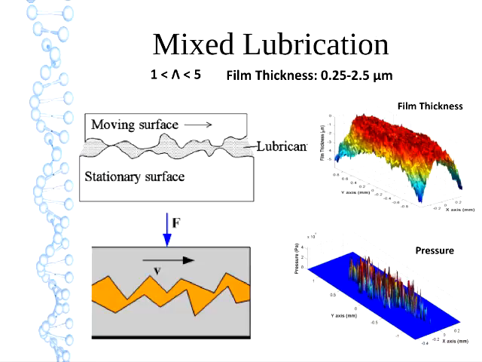Next we have mixed lubrication. The film thickness ratio, or lambda, is typically between 1 and 5, and film thickness is in a general range of 0.25 to 2.5 microns.